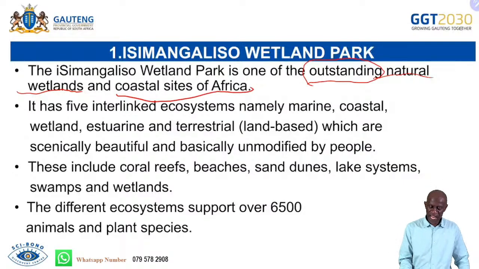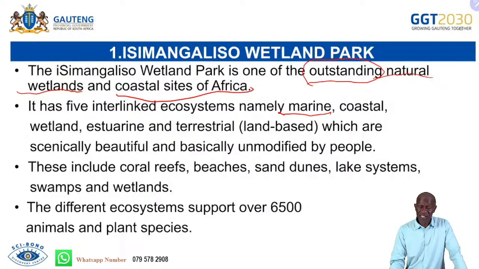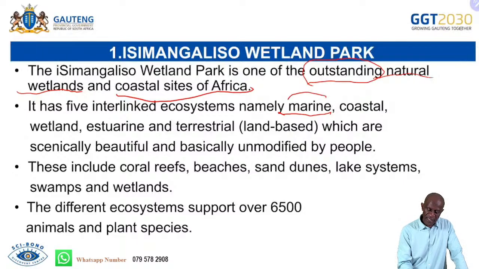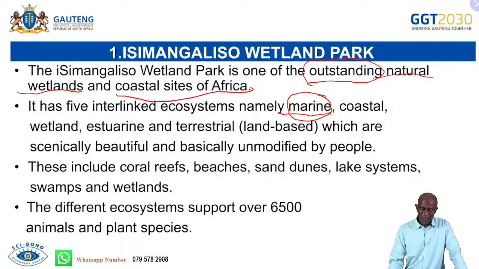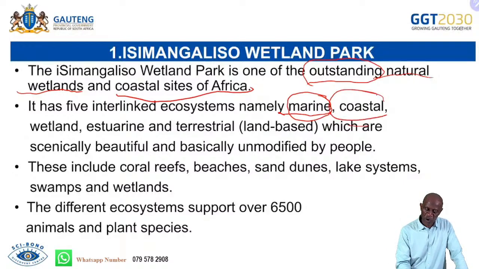These 5 ecosystems, namely the marine, which suggests that it showcases species that live in water. It also is a coastal belt. It is found along the coast. The coast is an area next to the ocean.